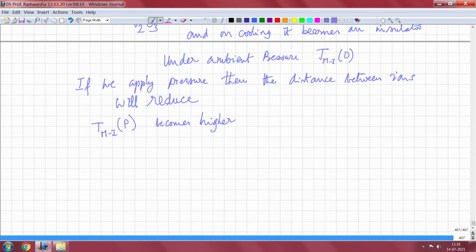Since you have squeezed, you are keeping it under pressure, it requires much higher temperatures to actually push the ions apart and create exciton binding, because when you push the ions apart, the screening is reduced, and so you will have exciton binding. So, it becomes higher, and this is the evidence for Mott-Hubbard transition.